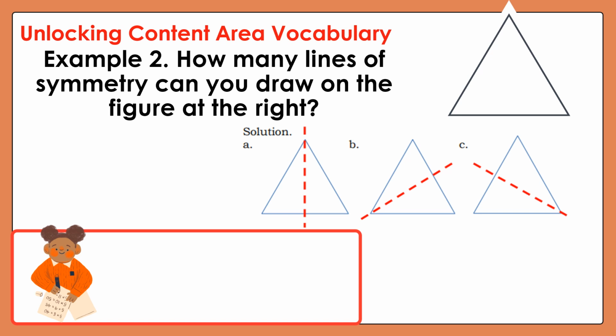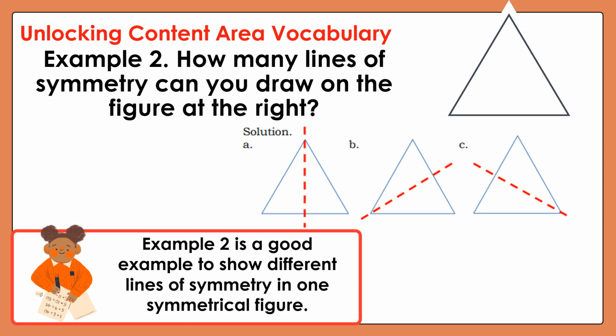Example number 2, how many lines of symmetry can you draw on the figure at the right? Example number 2 is a good example to show different lines of symmetry in one symmetrical figure. In this example, we have 3.